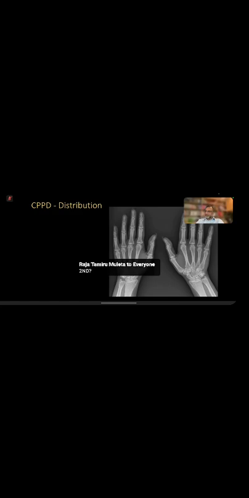Yeah, two and three. Very good. So second and third. So how would you differentiate from osteoarthritis? Osteoarthritis has the same distribution as that of CPPD. And in the wrist, it mainly involves the radiocarpal.